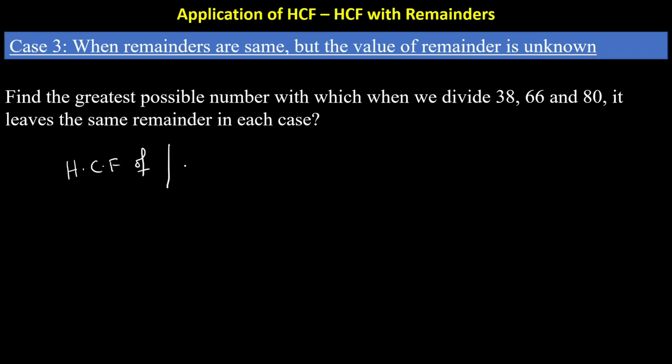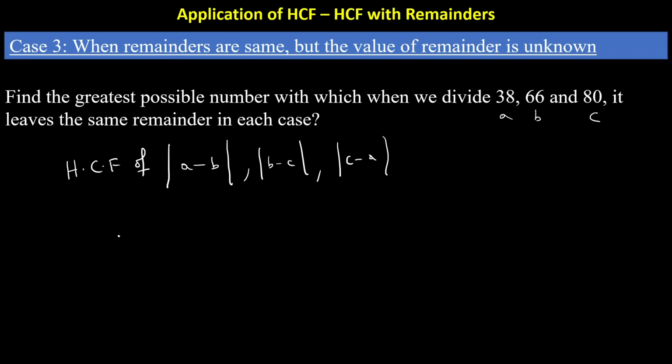Let us say the 3 numbers are A, B, C. Find out the difference of A minus B, B minus C and C minus A. Since I am saying difference, it should be positive. So let us consider first number A, second number B, third number C. Now do the HCF for the differences.